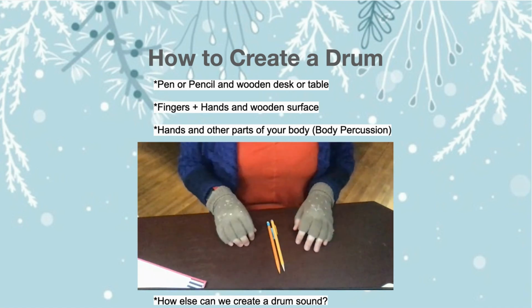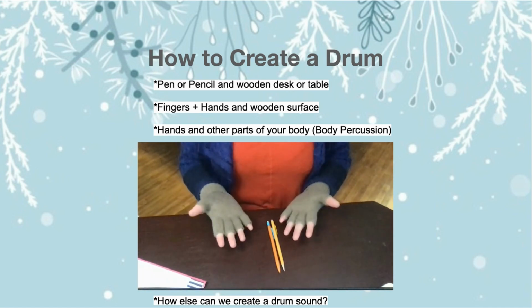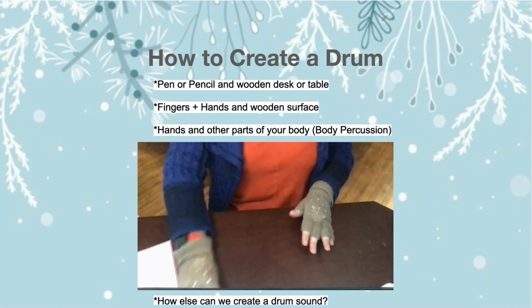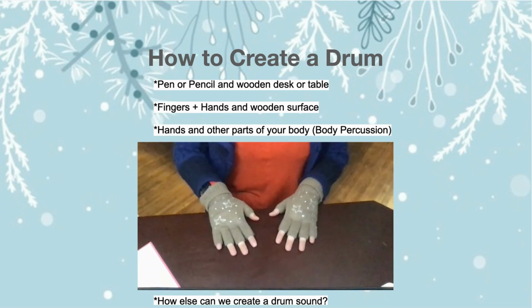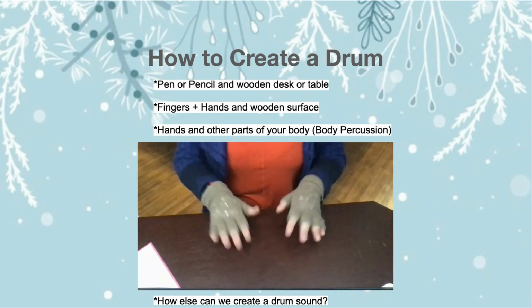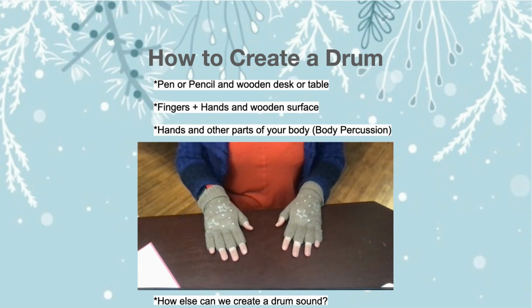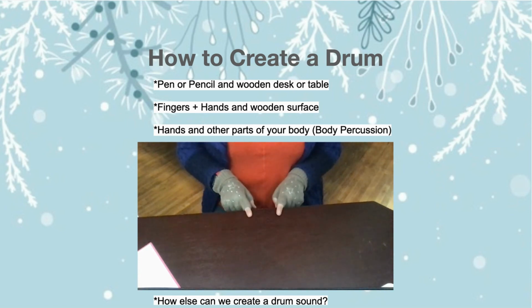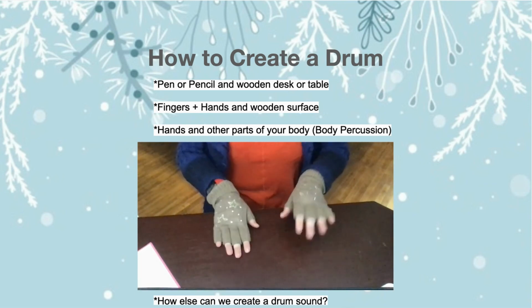Another way we can make a drum sound is using your fingers and hands on a wooden surface. So we've got my hands and my fingers, even my fists that can be used on this wooden surface. Let's try fingers first. Let's try hands.